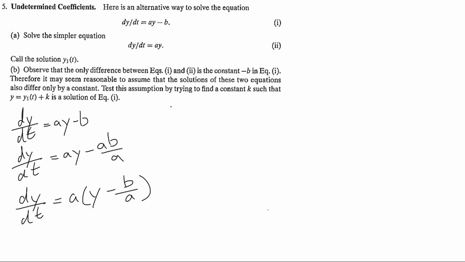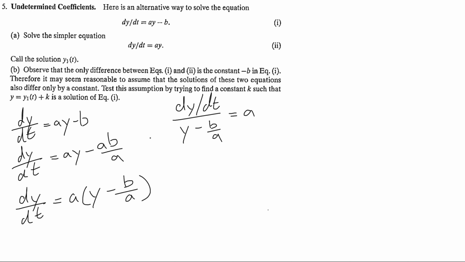Let's continue. We're going to divide both sides by y minus b over a. So we're going to get dy over dt divided by y minus b over a is equal to just a on the other side.